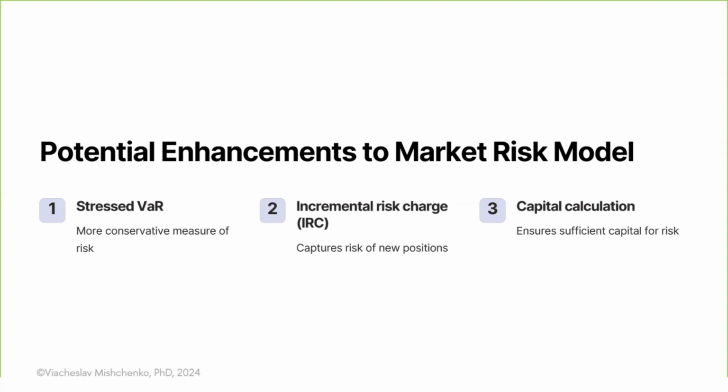Then there is the incremental risk charge, or IRC, and this is all about capturing those sneaky risks that traditional value at risk might miss, for example, things like credit migration and default risks, and so on.